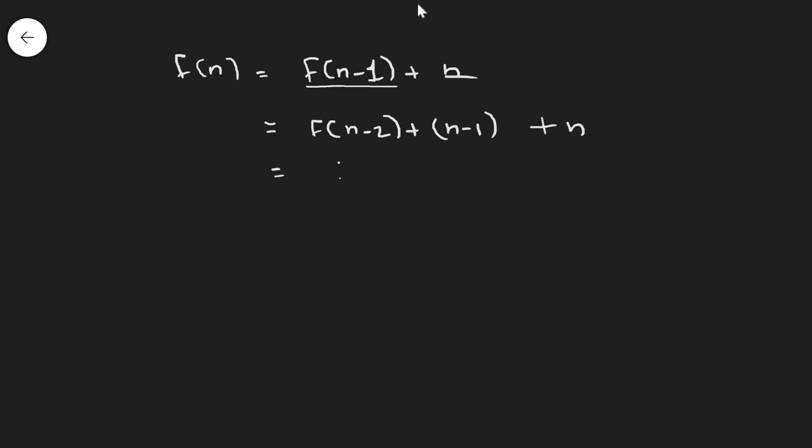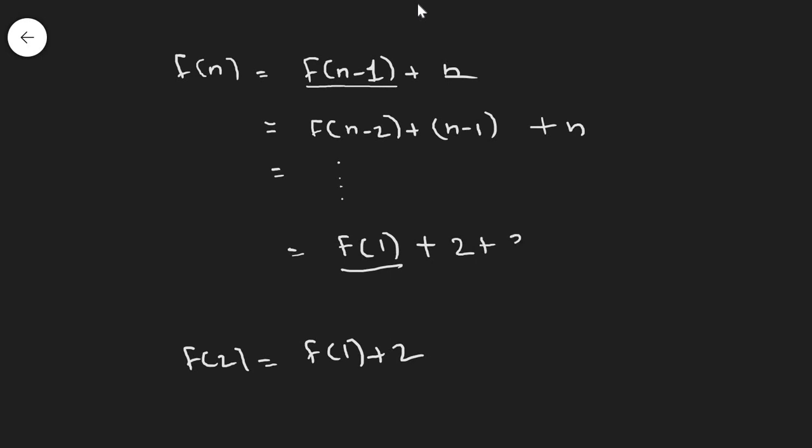Similarly, it goes on below. Finally we get f of 1, which will be the last term. This f of 1 came from f of 2 equals f of 1 plus 2. So the next term will be 2, then 3, 4, and so on up to n.